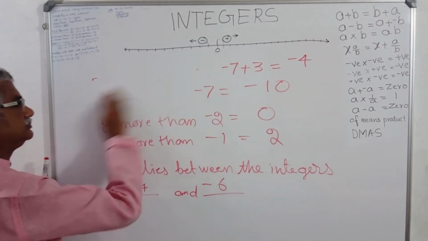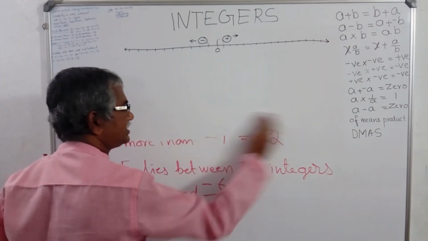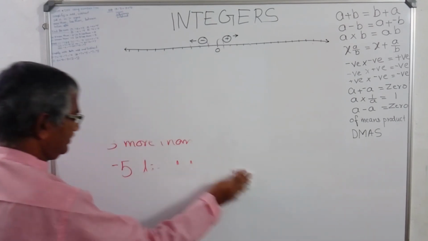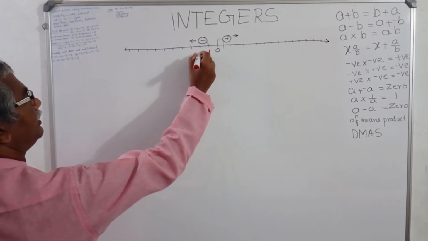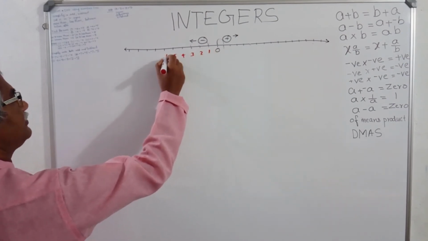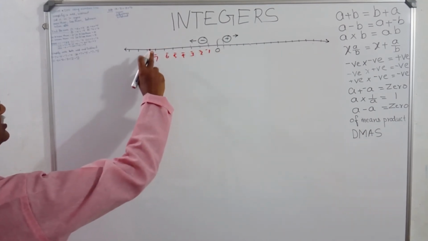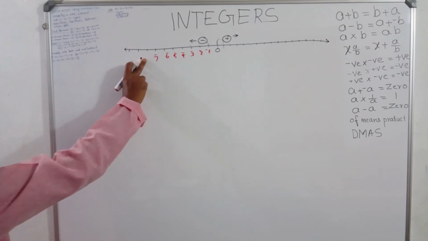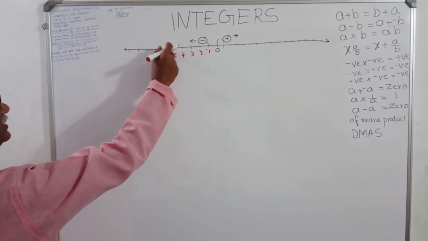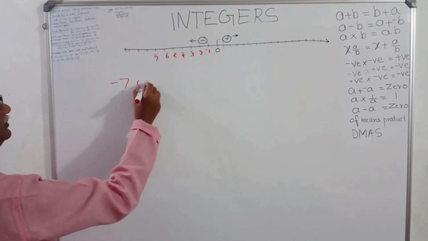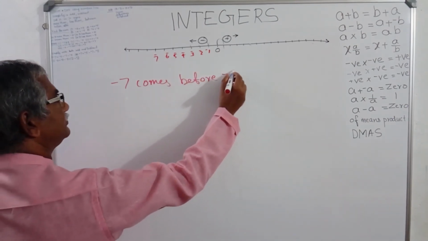Thus, negative 7 comes after what? Here 1, 2, 3, 4, 5, 6, 7. All are negative. Negative 7 comes before negative 6.